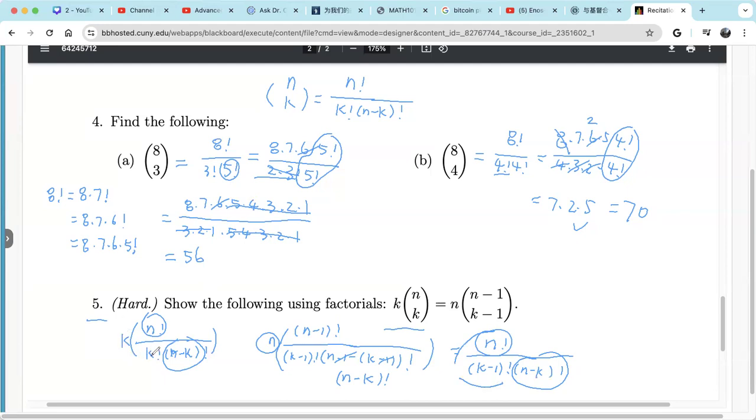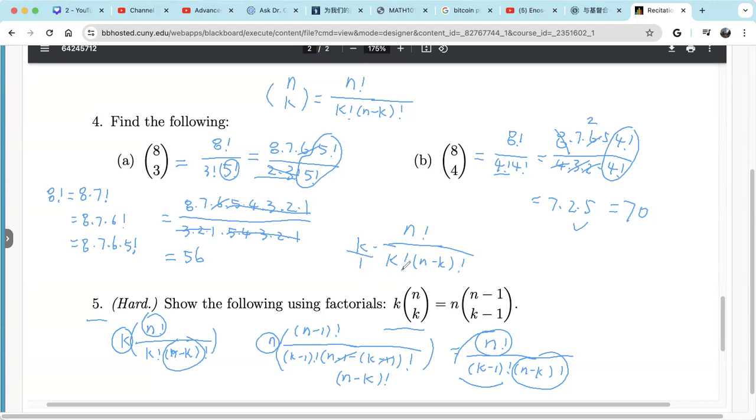But this right-hand side will have k minus 1 factorial. The left-hand side will have k factorial in the denominator. But we have this k multiplied, right? We have k multiplied by n factorial divided by k factorial divided by n minus k factorial. Well, this k factorial is in the denominator, but this k is in the numerator, right?